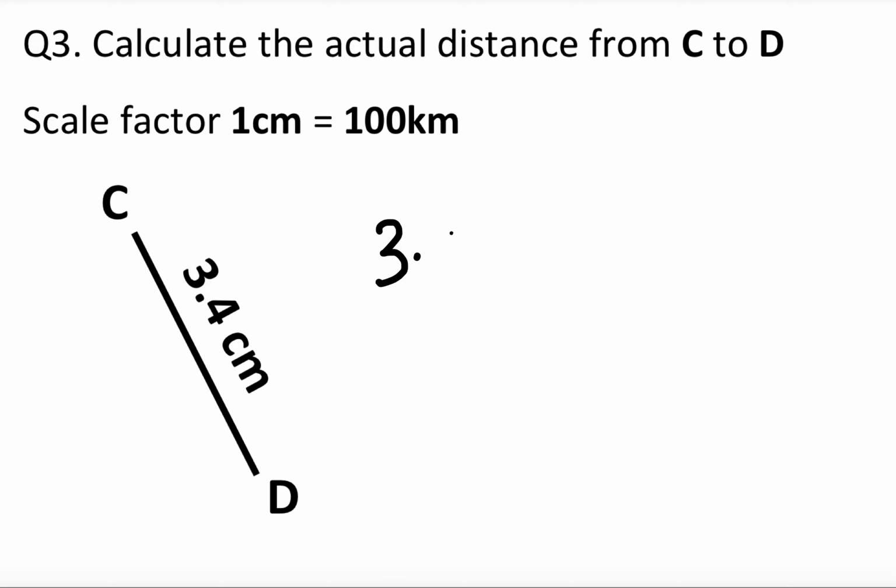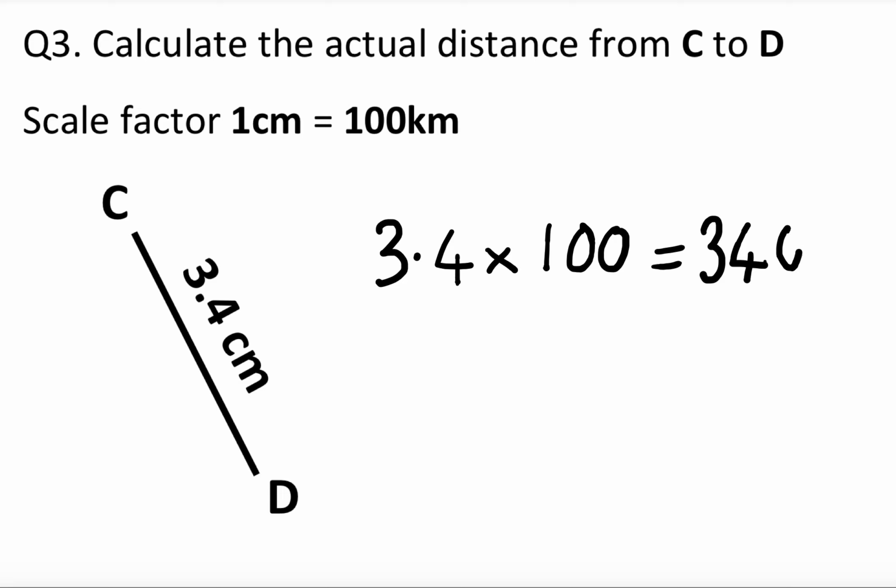So basically, if we want to know the distance in the real world, we would go 3.4 times 100, because it's 100 kilometers in the real world. And the answer to that is 340 km, for kilometers.